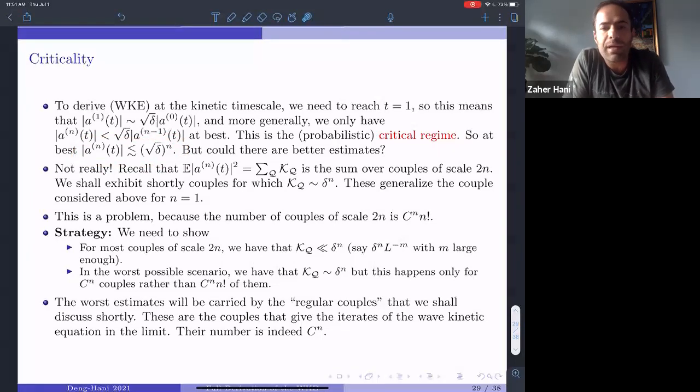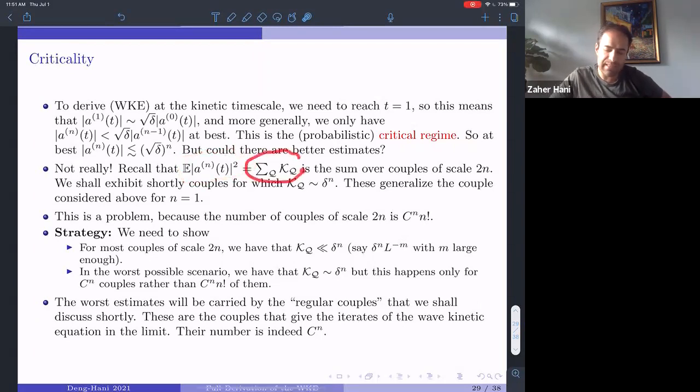Okay, so here you might stop and ask, well, maybe I could get better estimates. This is sort of a rough type of argument based on the first iterate. Maybe we can get a better estimate, but it turns out not to be the case, because if you look at the expected value of the nth iterate squared, then as we said before, this is a sum over couples k sub q, and these couples have scale 2n, and we will see that there is an exponentially large family of couples that has size delta to the n.